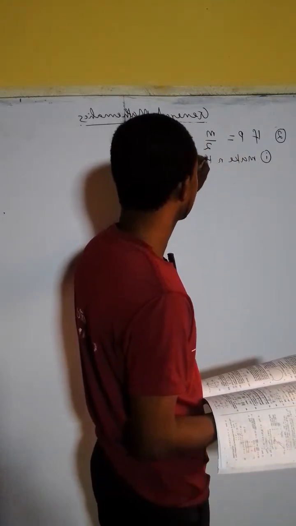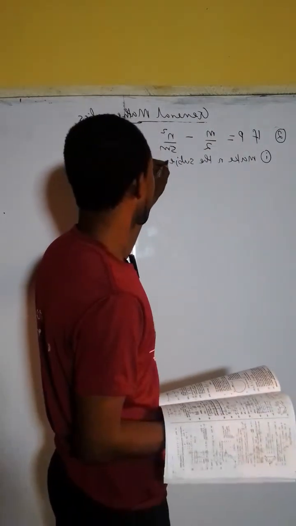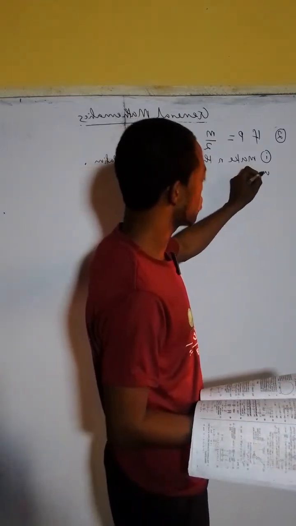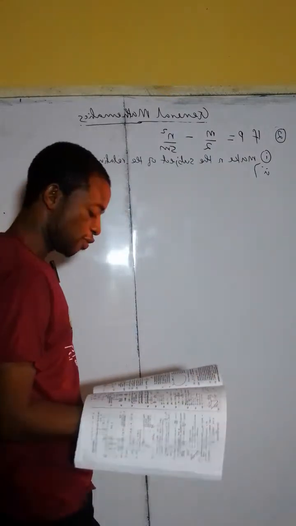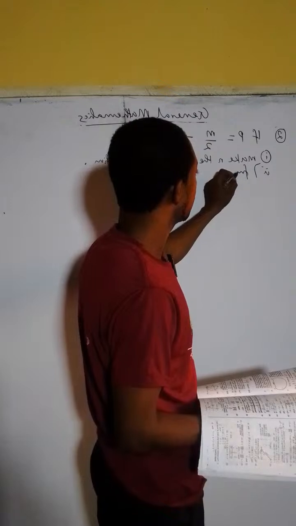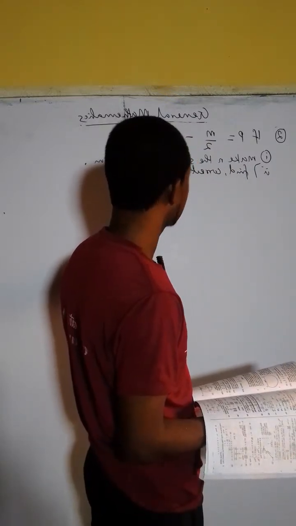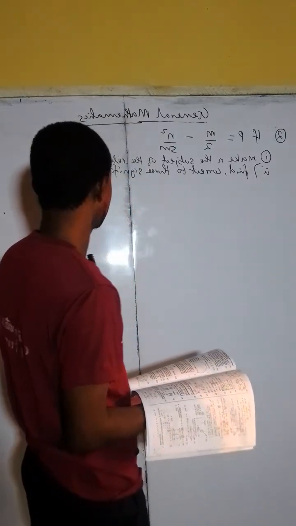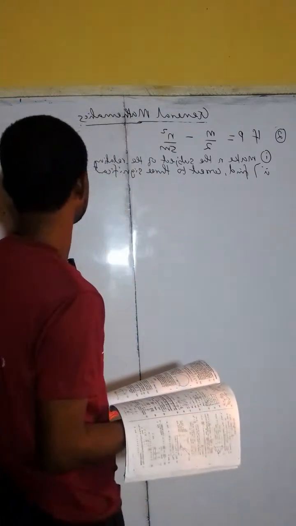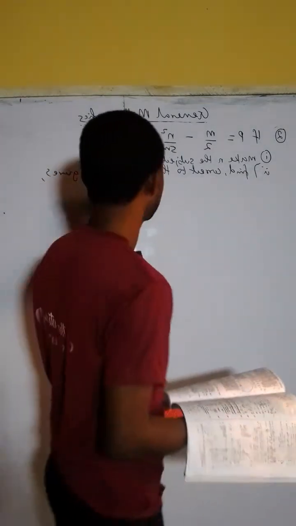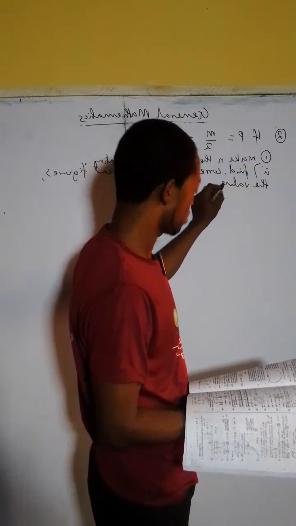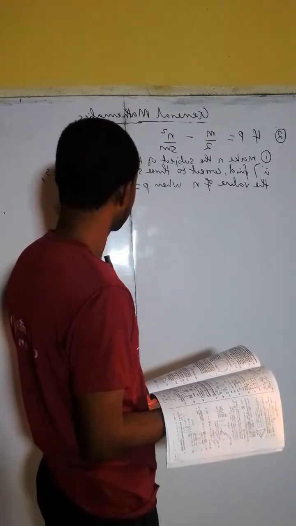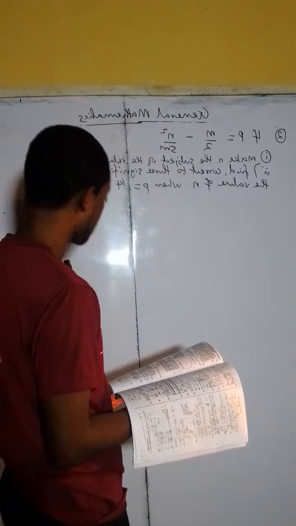make n the subject of the relation, then 2, find correct to 3 significant figures, the value of n when p equals to 14 and m equals to minus 8.